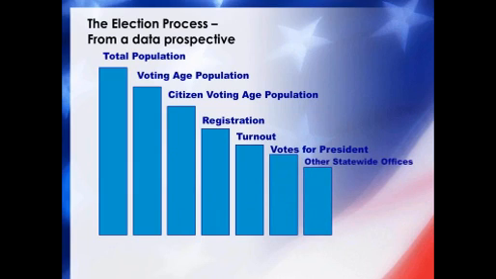And all the different other offices that there are, you drop down this stepping stone of the elections process. What's important is that those racial characteristics that I talked about before, at each step of this elections process, those racial characteristics change depending upon the jurisdiction, depending upon the state, depending upon the area that you're drawing.